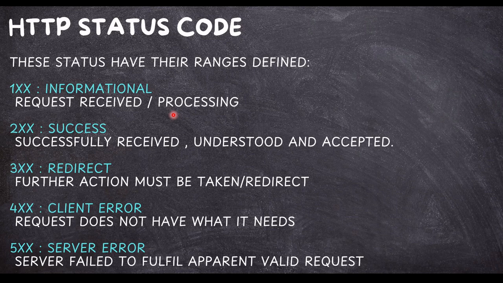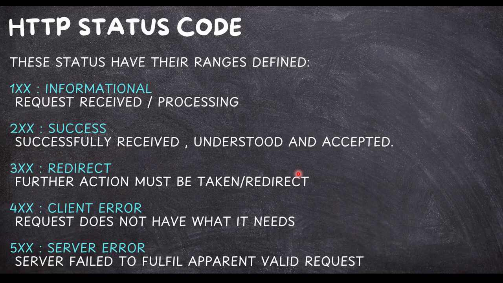So in order to avoid that confusion, we have used some ranges for particular status codes. All the status codes in the 100 range are informational: request received or processing. It's not for the general public's use. The 200s range is for success: successfully received, understood and accepted.